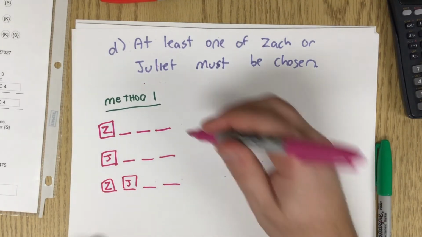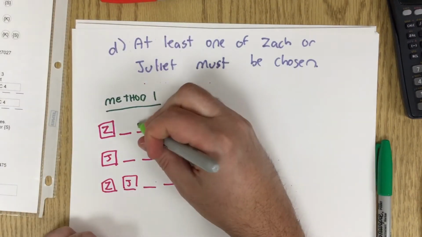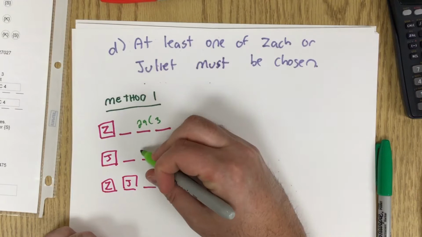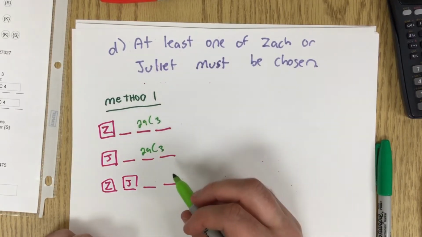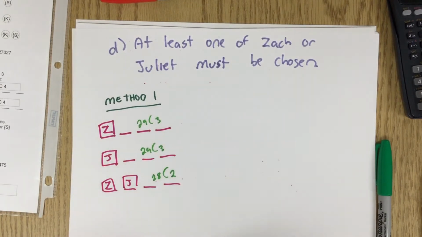So we've already done this one. If Zach has to go, that's going to be, let's put a different color on it, 29 choose 3. That's going to be 29 choose 3. And this one's going to be 28 choose 2. And it might be tempting to just add up those cases, but that'd be wrong.